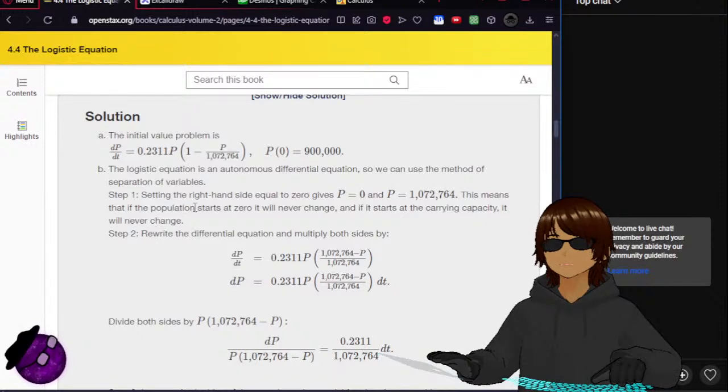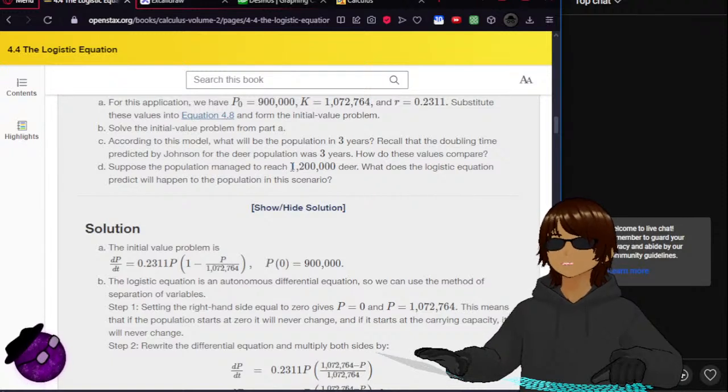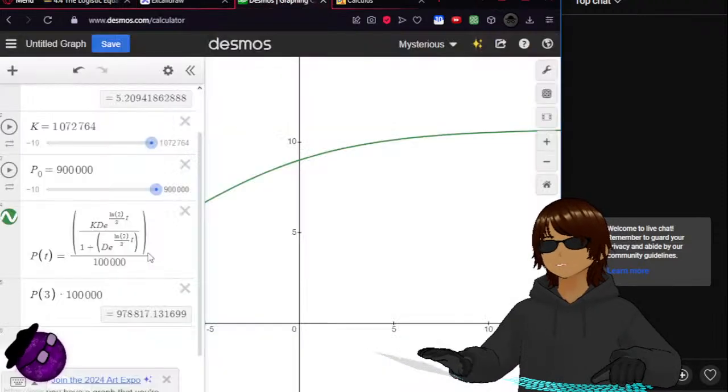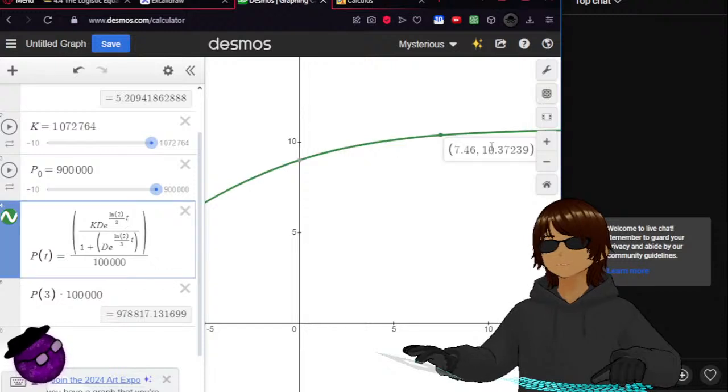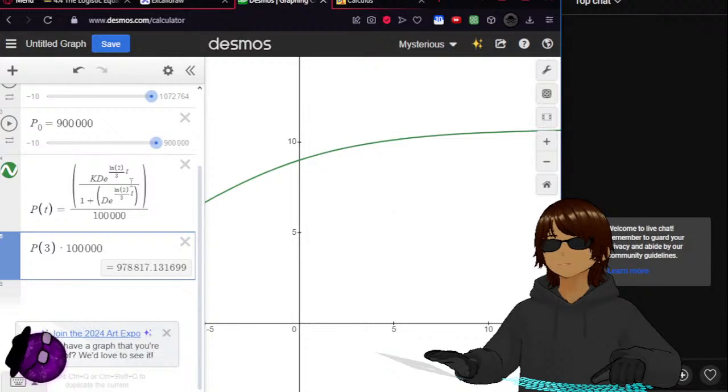And what are they asking? Suppose the population managed to reach 1,200,000. What does the logistic equation predict will happen to the population in this scenario? So if t goes to infinity, this would be 1.